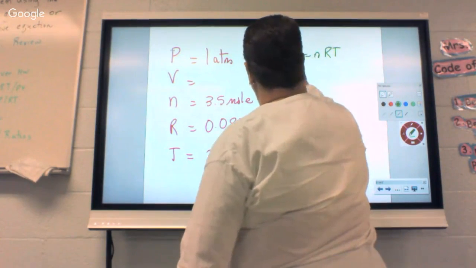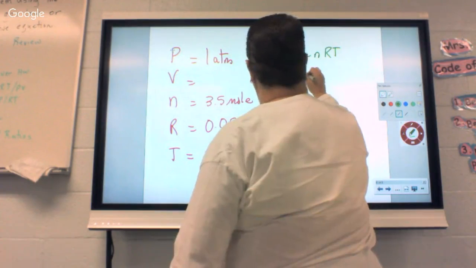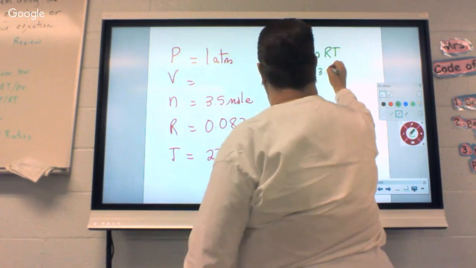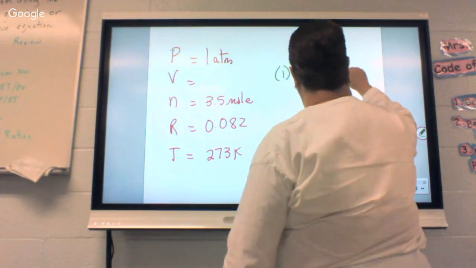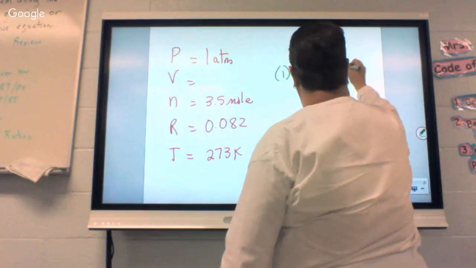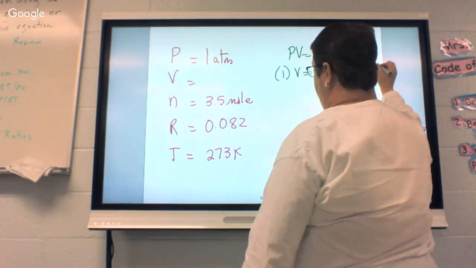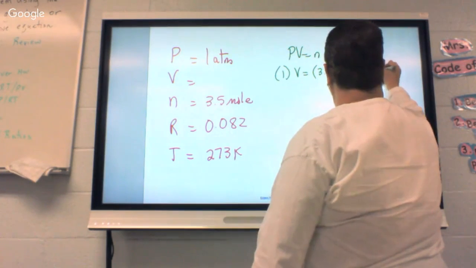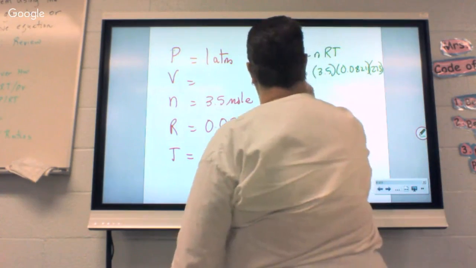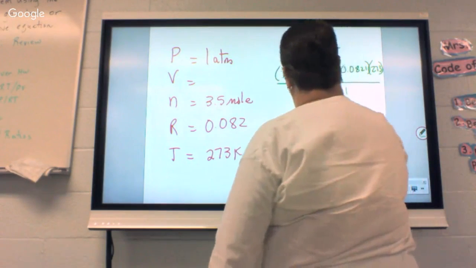The pressure is 1. V we don't know. N is 3.5. R is 0.0821. And temperature is 273. Divide by 1.